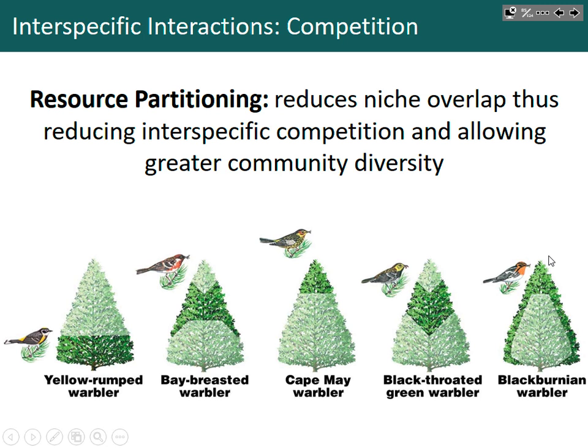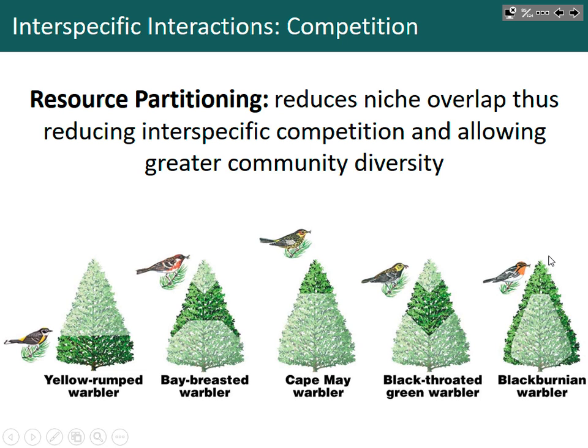So if you look at this diagram down here, the yellow-rumped warbler only feeds in the bottom branches of the tree. It doesn't feed up in the top two-thirds of the tree at all. It really stays down in the bottom of the tree. The bay-breasted warbler feeds higher in the tree, feeding a lot on the outer edges, but going through the center, kind of in the mid portion of the tree.